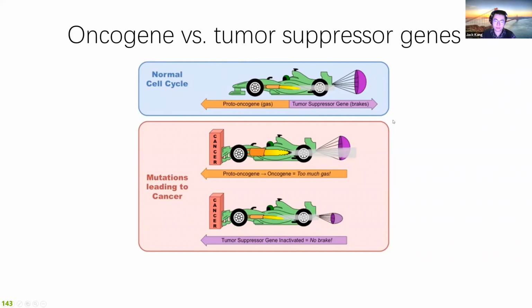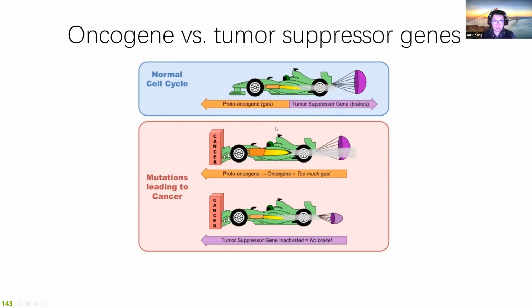And tumor suppressor genes are genes that stop over-proliferation. So it's like the brakes. These two types of genes functioning together will ensure that your cells proliferate and replicate normally, but will stop at certain time points, so the proliferation does not lose control.